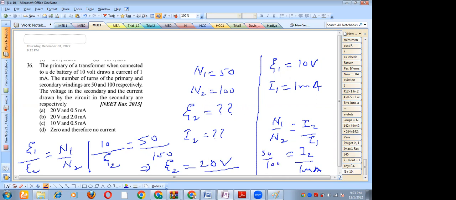So from here we can calculate I2, which is 0.5 milliampere. What is the correct answer? 20 volt and 0.5 milliampere. So the correct answer will be A. Got it?